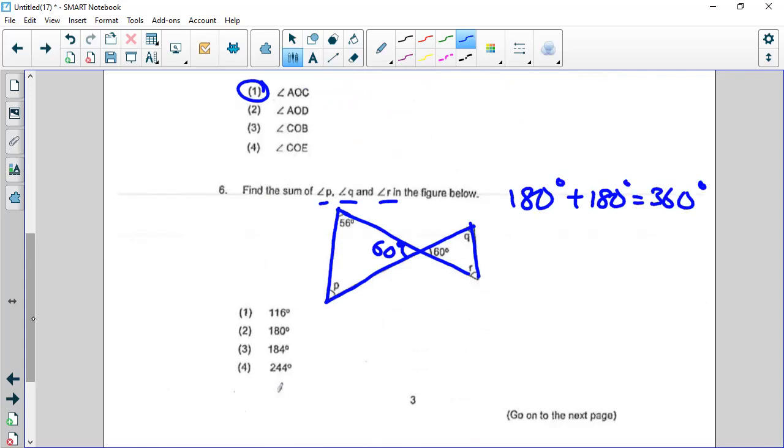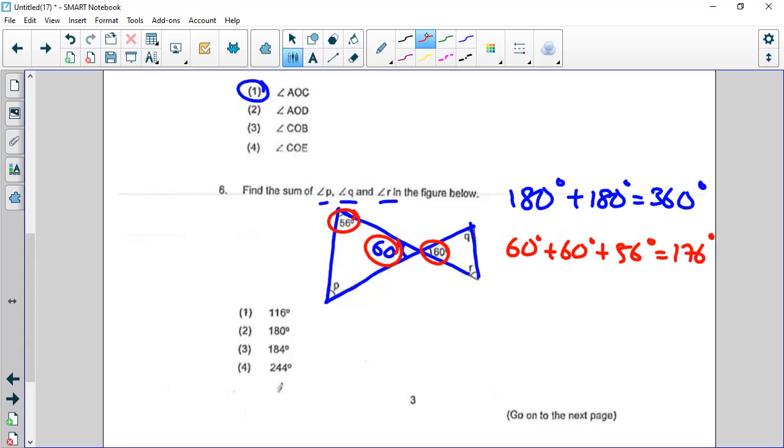Then how do we find the sum of the letters? You just have to add up these three numbers, 60 plus 60 plus 56. You get 176 degrees.